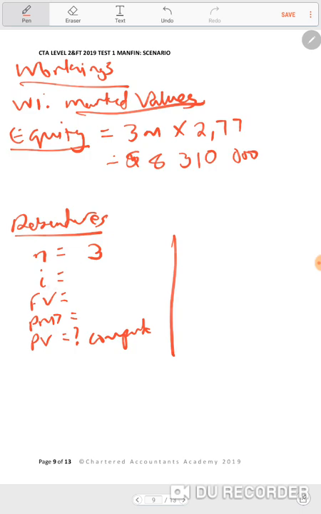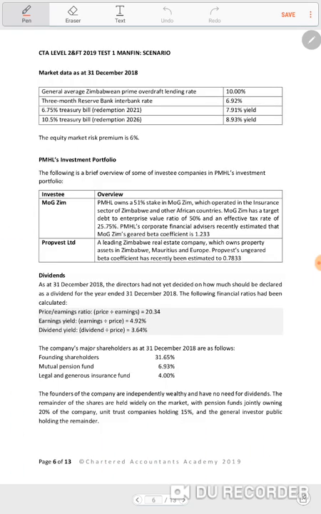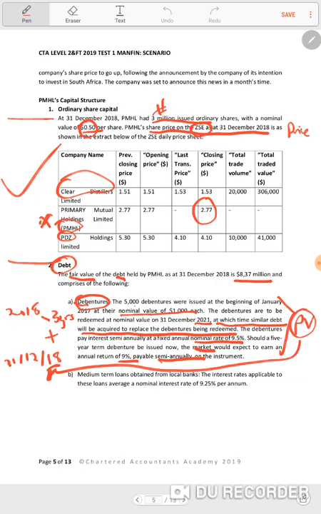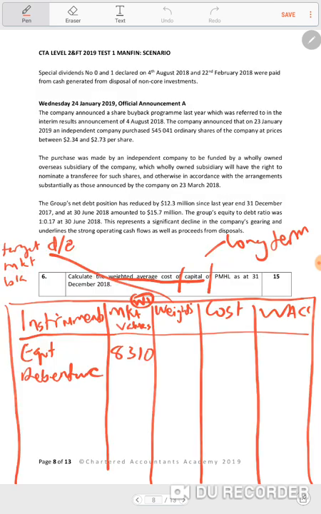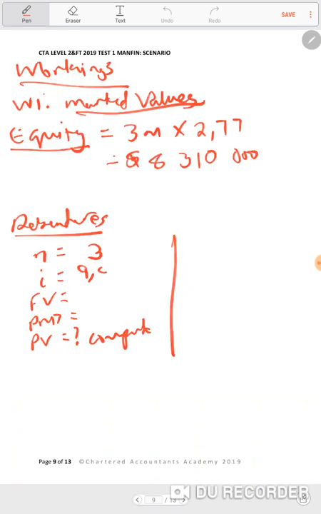And then our I, we are told the market rate is 9.5, or it was 9. Our market rate is 9% and our PMT is 9.5. So our market rate is 9.0, and then our future value, they're going to be redeemed at par, right?